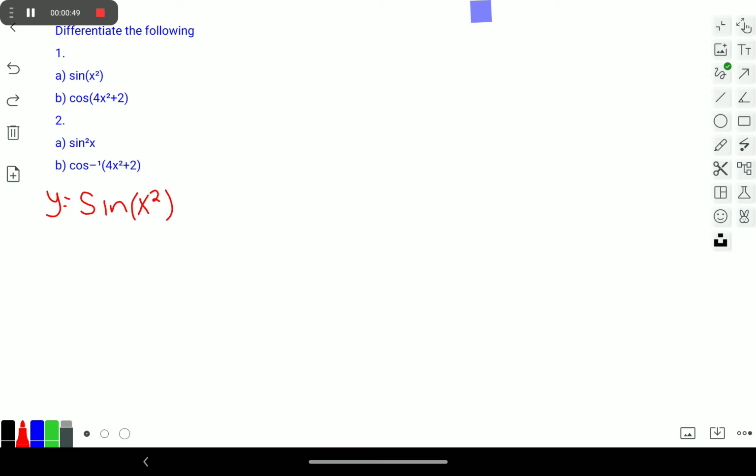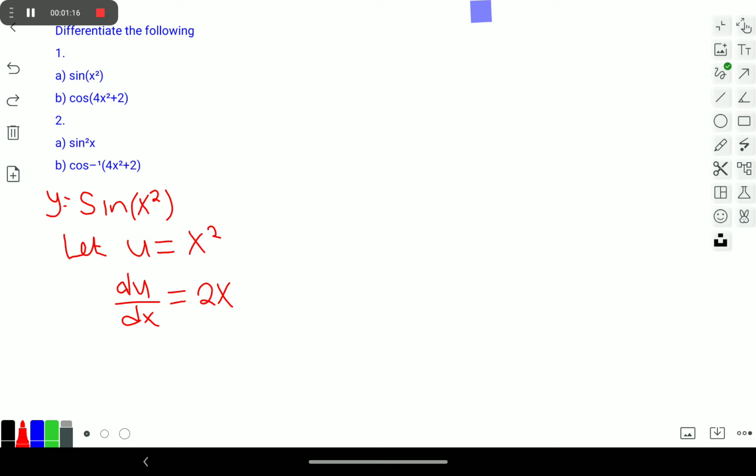So at this point we shall say let u is equal to x squared, and then from this we shall differentiate u, get du/dx, which is the same as 2x.